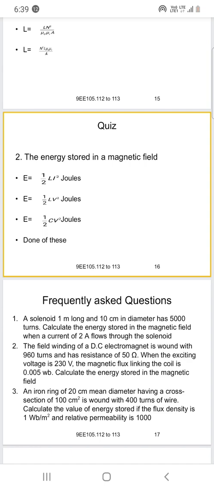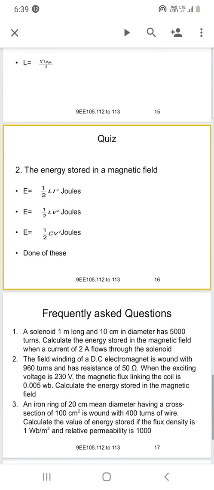Next, E is equal to half Cv square, which is nothing but the energy stored in a capacitance. So the first option is the correct answer: E is equal to half Li square.